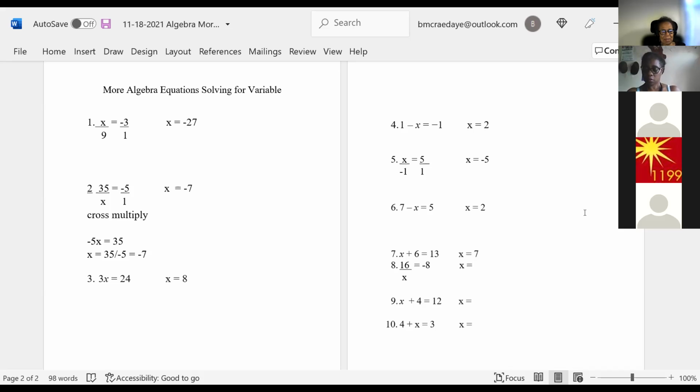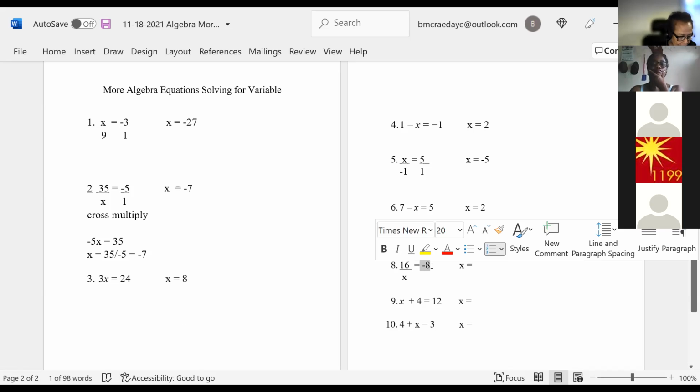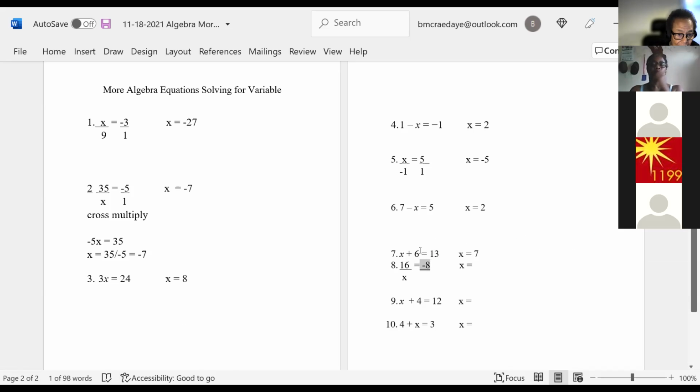Let's put this over 1. That's the same as minus 8 over 1, right?